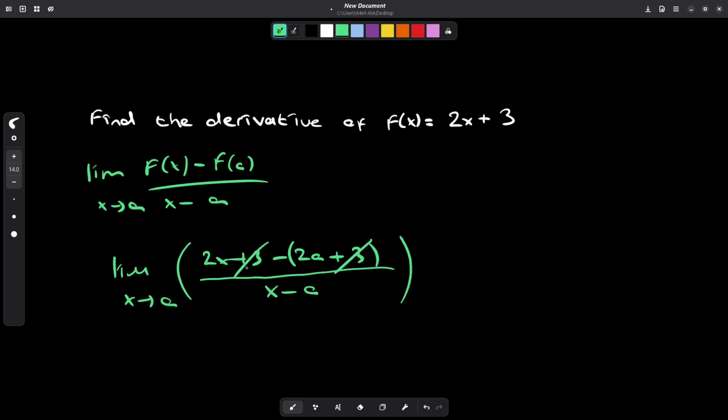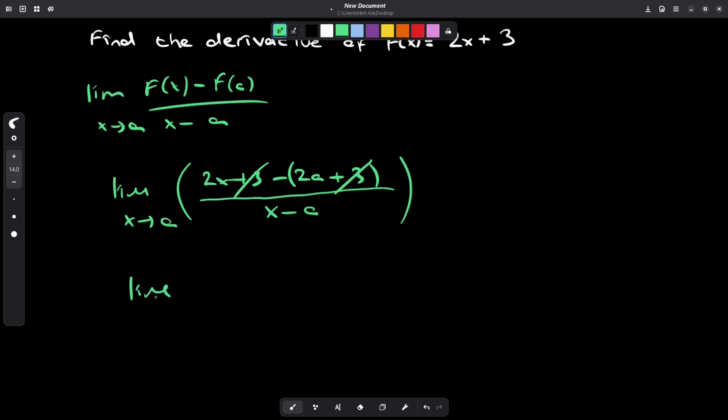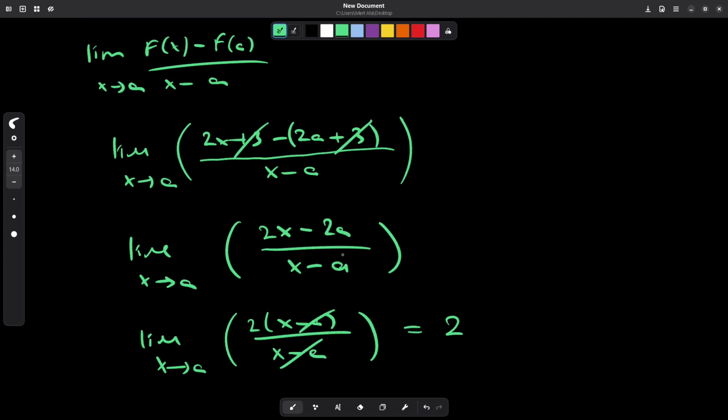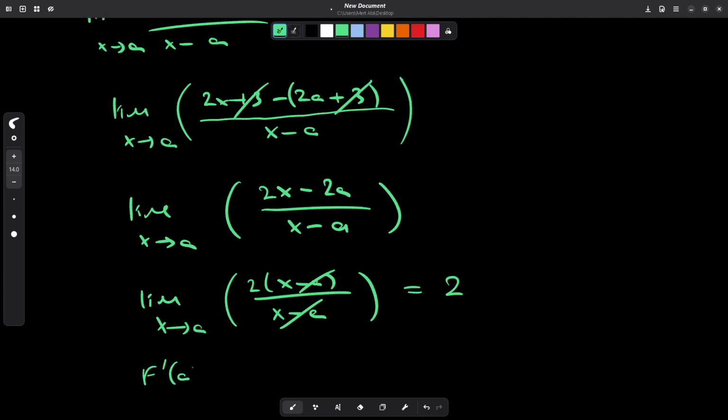Cancel these out. The limit that I have transforms into 2x minus 2a over x minus a. And it's pretty easy to see that I can cancel the x minus a's if I take the numerator to the 2 parentheses. Limit of 2 times (x minus a) over (x minus a) as x approaches a. Cancel these out. This limit is equal to 2, so therefore the derivative of the function given to us is equal to 2.